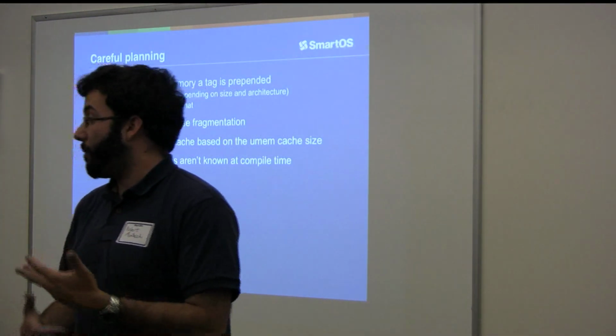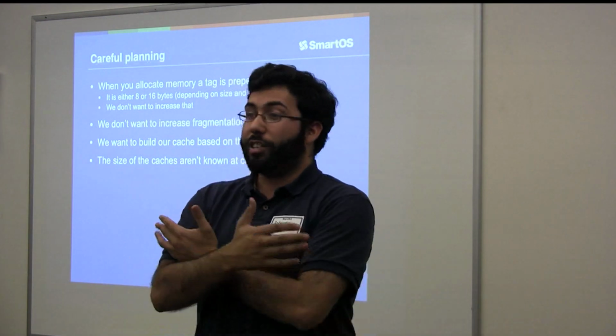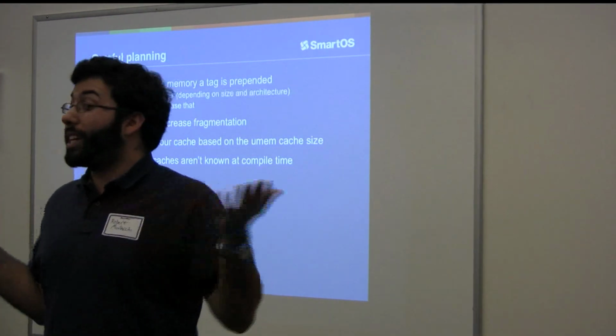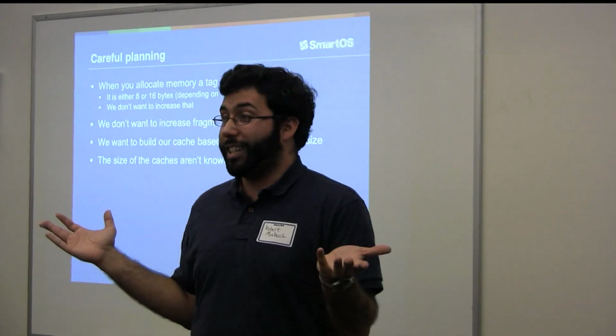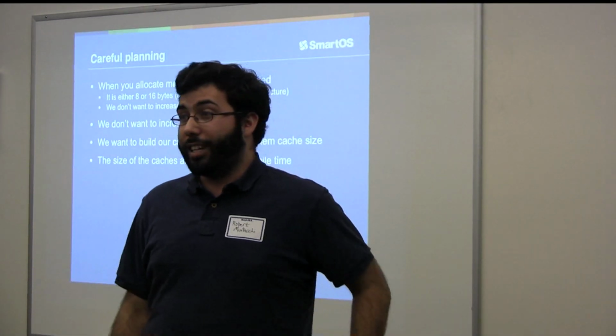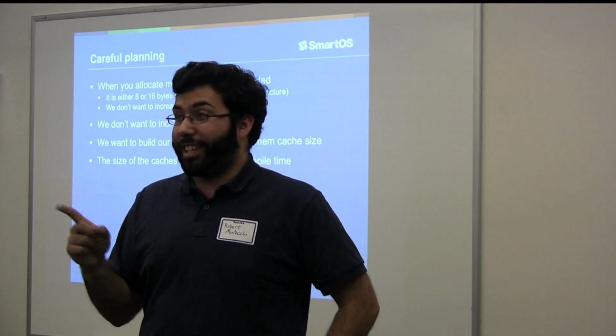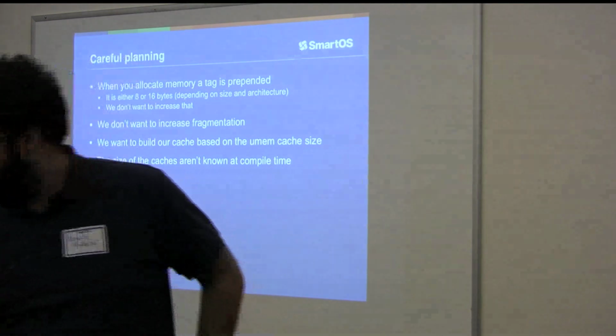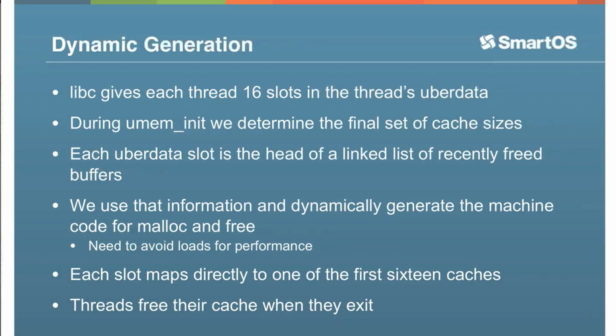When we compile libumem, the set of cache sizes that exist are not known. We have a base set that you'll use if you don't tell us anything else, but we can't say, never tell us anything else. We can't strip out something that we've told everyone exists. So we're going to have to do some dynamic generation here.